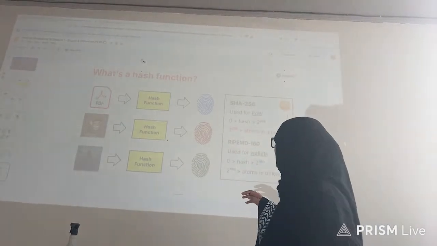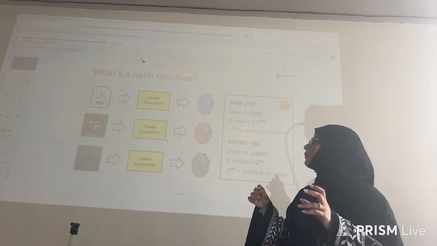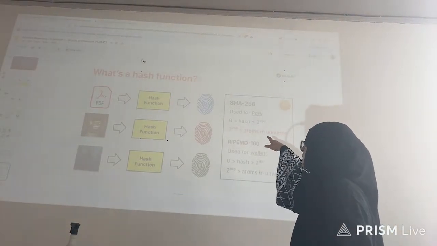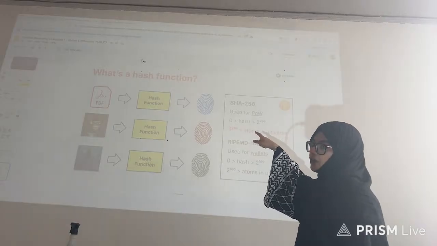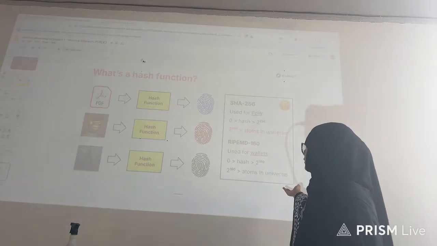Now, when we were talking about guessing a number between 0 and 2 power 256, the 2 power 256 comes from the SHA-256 cryptographic algorithm. 2 power 256 is greater than the number of atoms in the universe.